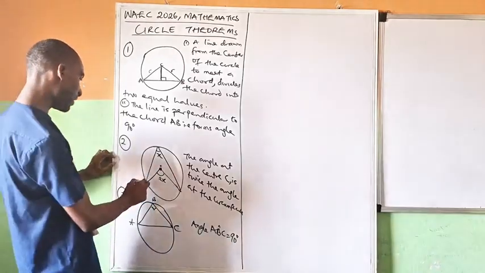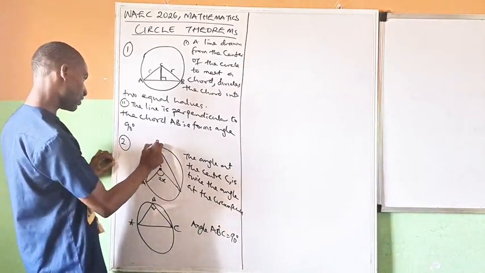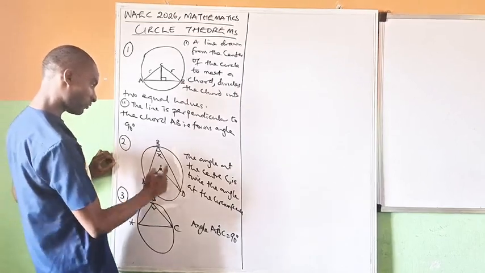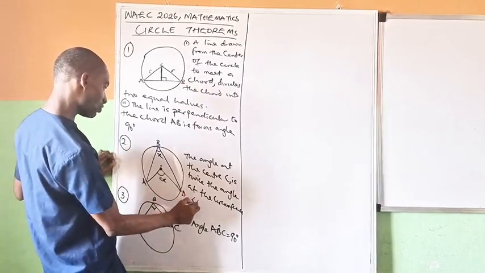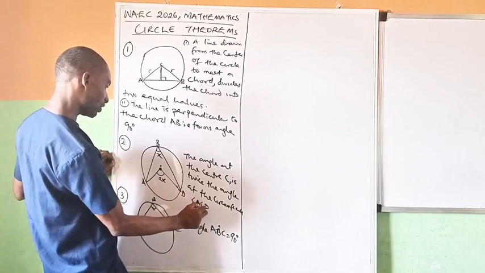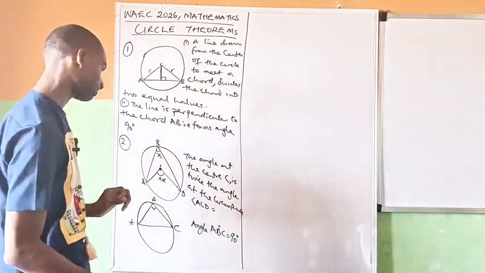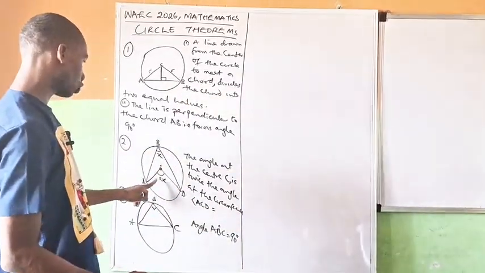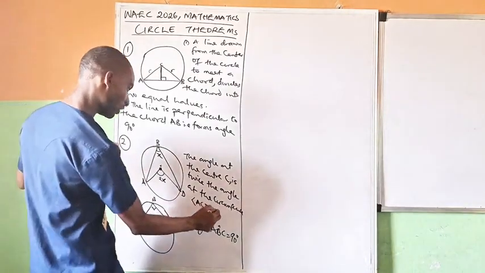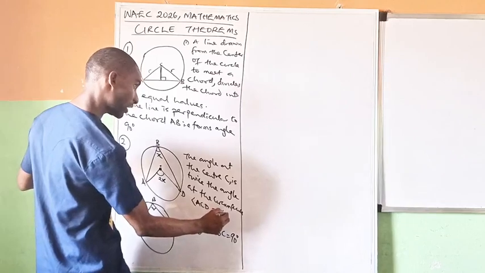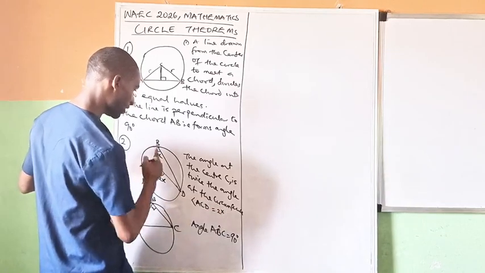So here, if I label here A, B, C, D, and I've said here is twice of here, that means my angle ACD is equal to 2 times angle ABD.